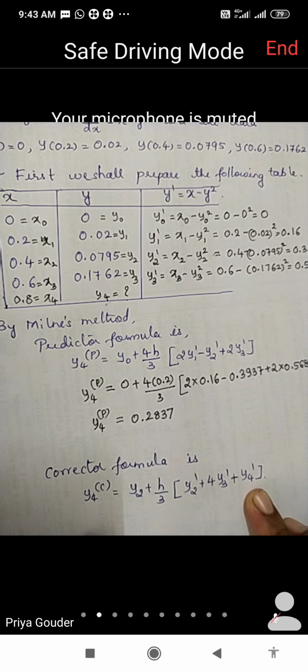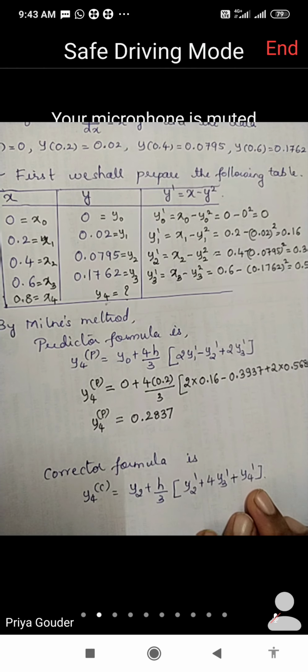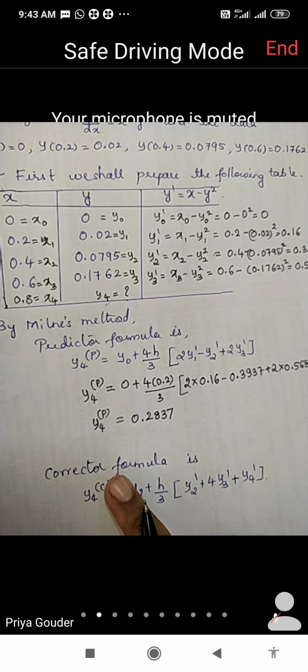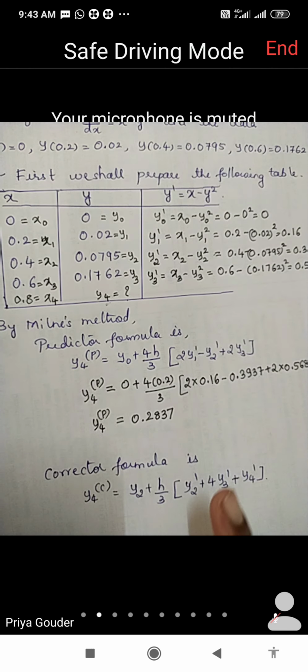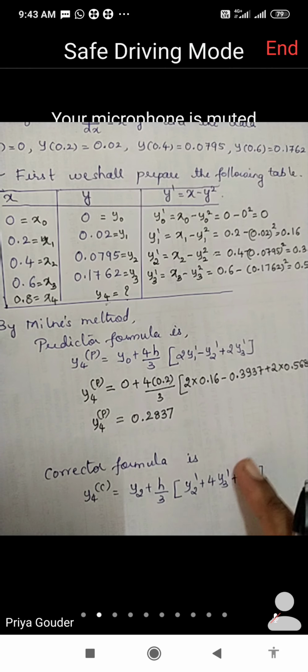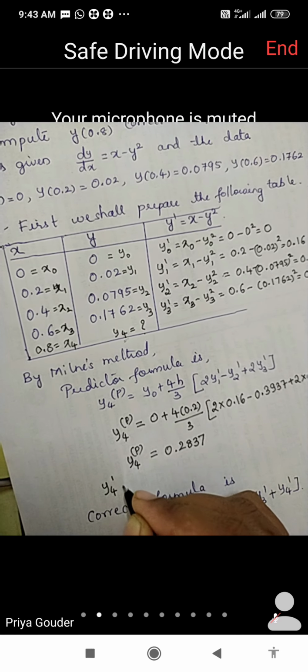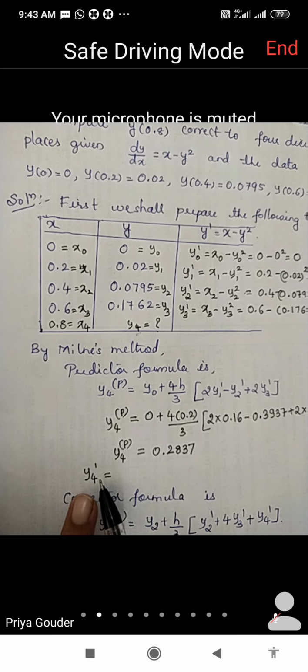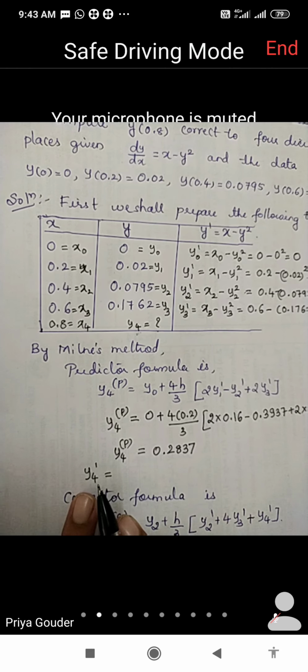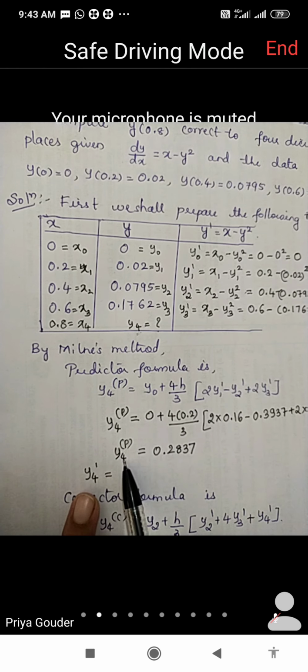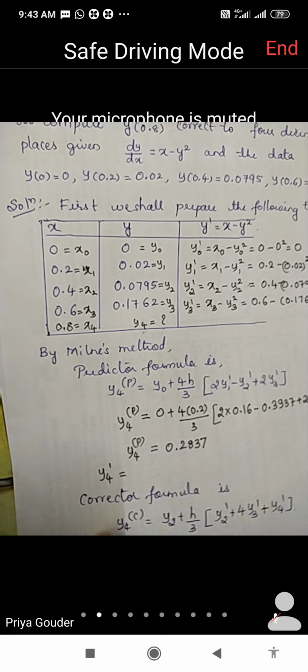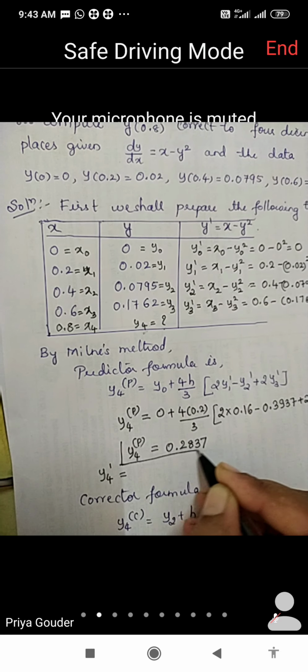Till now we have not got this value. So before applying the corrector formula for Milne's and Adams Bashforth, you have to calculate what is y4 dash. Now we cannot write y4 dash directly. Because what we have got is not y4, we have got a predicted value. So we have to make use of this, otherwise we don't have any other option.